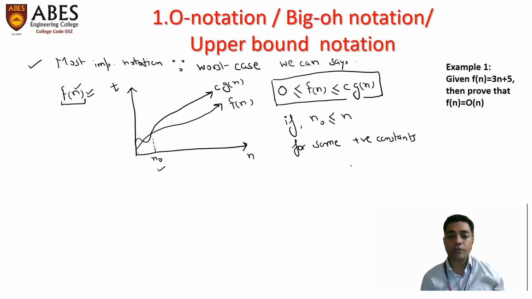What are the positive constants? For some positive constant c, comma n0. Okay, these are the positive constants. If these conditions are true, we can represent it in big O notation.